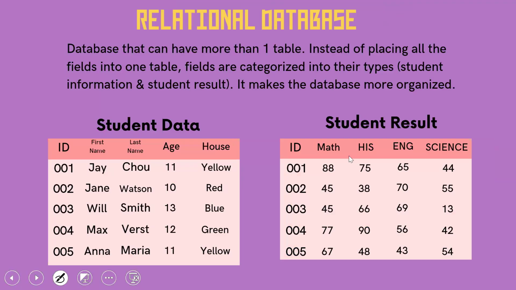Now, this entire structure in the relational database can have more than one table. Instead of placing all the fields into one table, fields are categorized into their type. Student information and student result are two different tables in one single database.